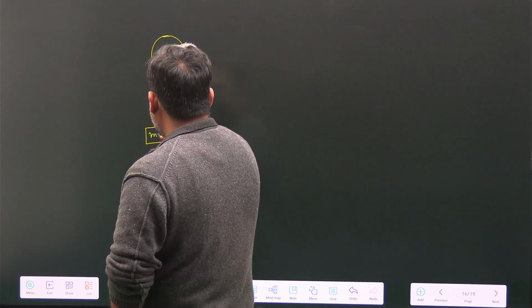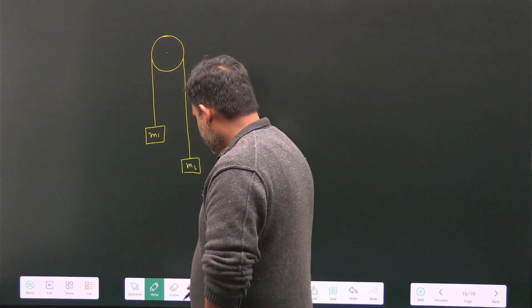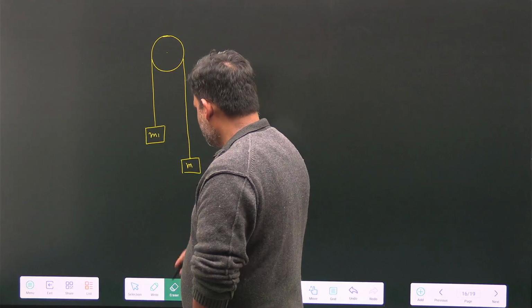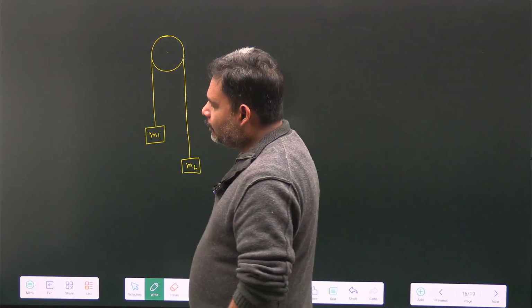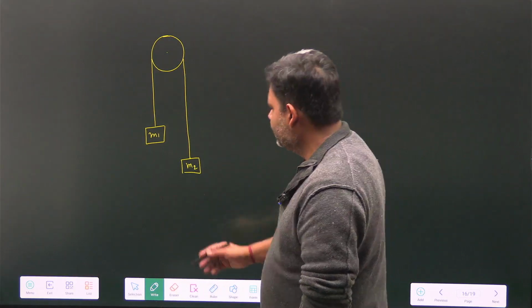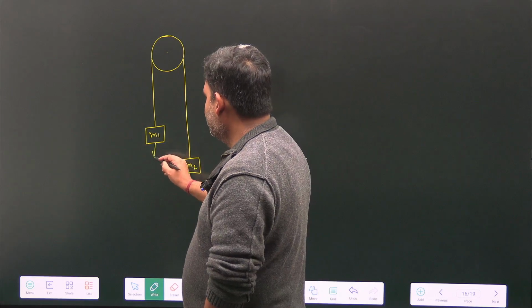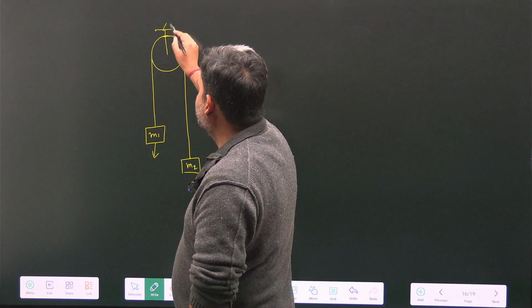Suppose I have M1 and M2. So one is M1, another is M2. Most people will solve this problem by writing something like this. And this string is massless.